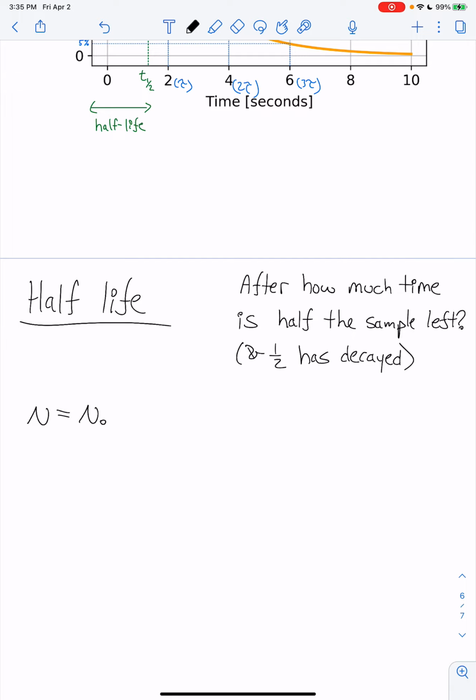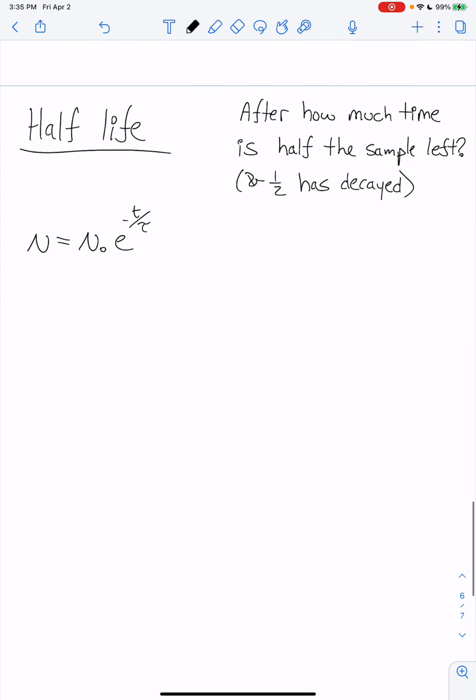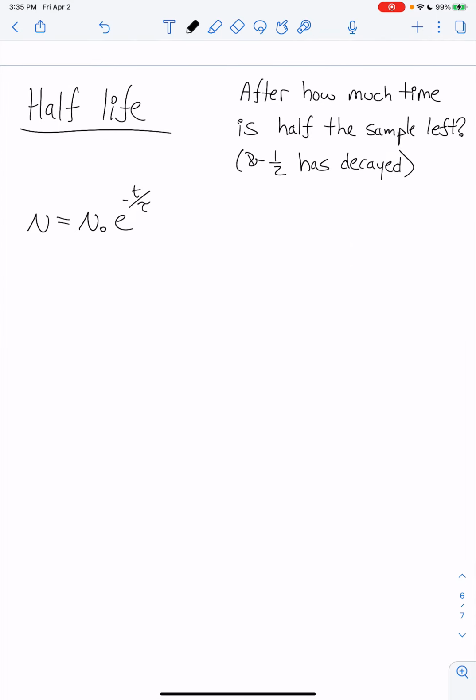So N is equal to N naught e to the negative t over tau. Let's find the time where we have half of N naught. That's going to be our half-life time. So that's 1/2 N naught substituting in for N. It's equal to N naught e, and this is a special time, so let's denote t 1/2, over tau.